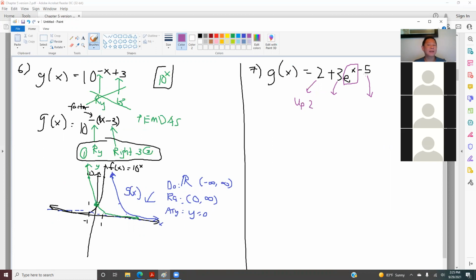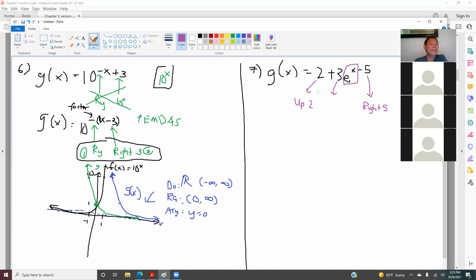Let's talk about this -5. Anyone know what this -5 is? It's very similar to this one because it's in the exponent, in the power. So this one goes where? To the right. Don't forget, it's to the right 5, not left, because the polarity changes.